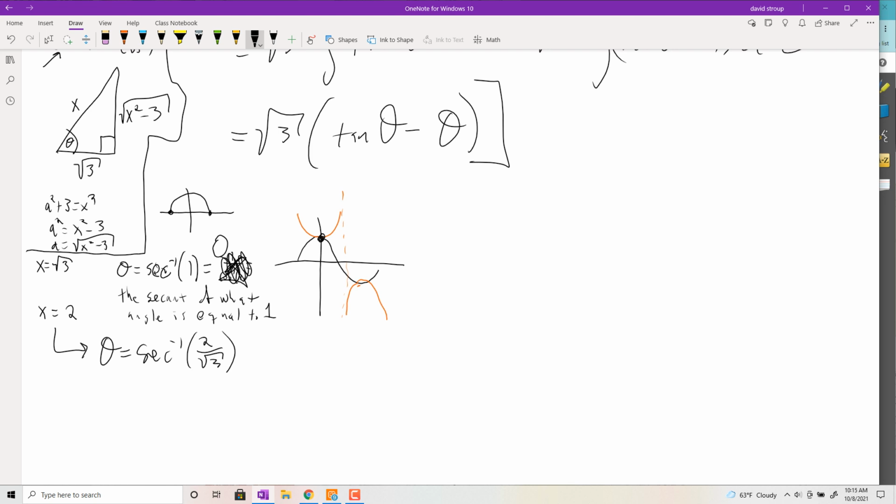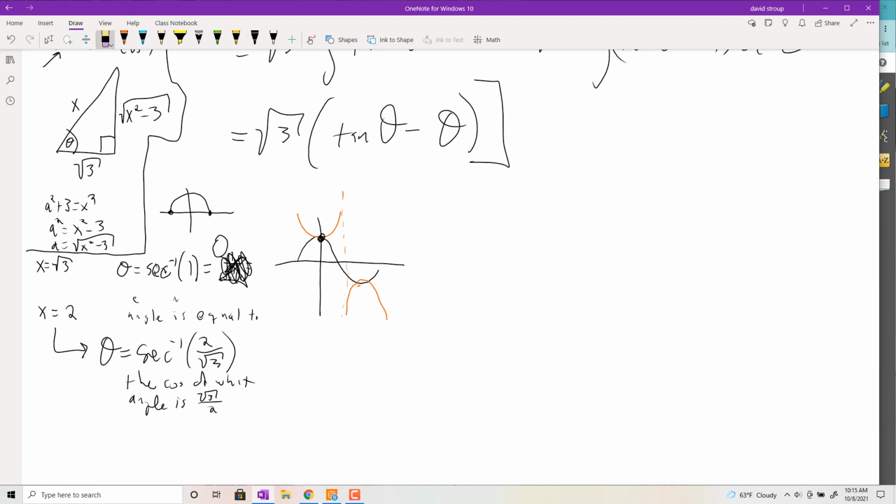Anyways, for this problem, the way I kind of think of it is the cosine of what angle is root 3 over 2. So I take the reciprocal of that thing, and I guess I could have done the same thing up here then, right?